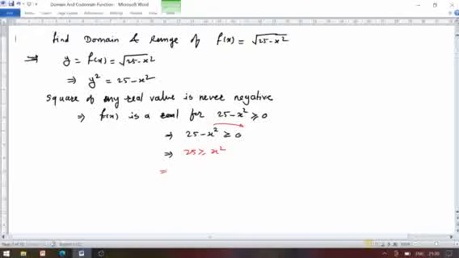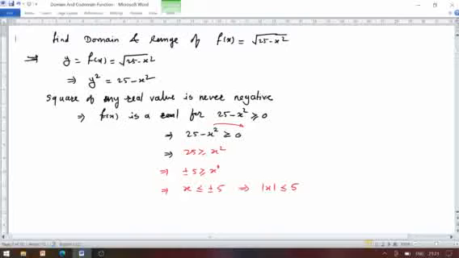After taking out the square root, plus minus 5 should be greater equal than x, so x should be less equal plus minus 5. That implies mod of x should be less equal 5.